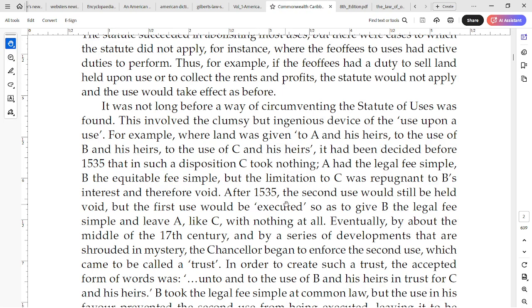So after 1535, the second use would still be held void, but the first use would be executed, done, or performed, so as to give B the legal fee simple and leave A like C with nothing at all.